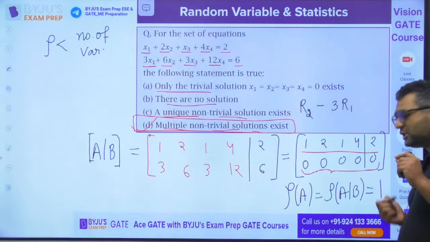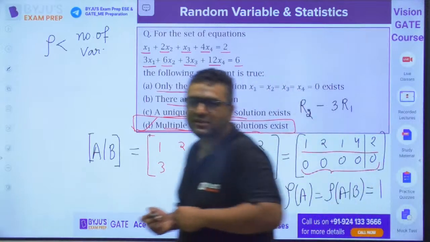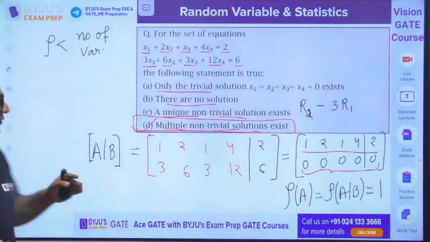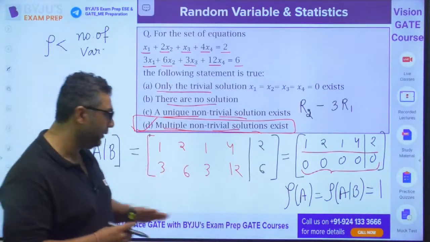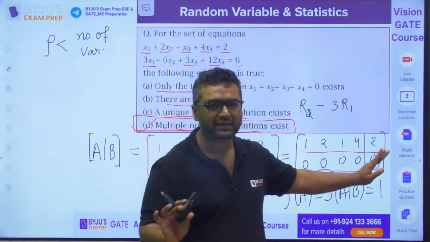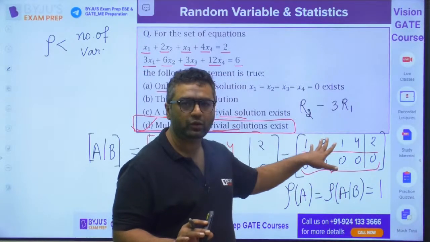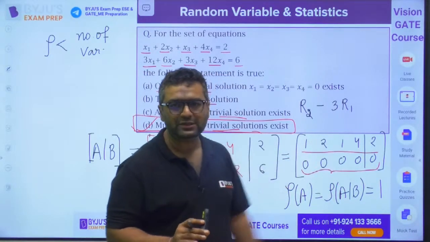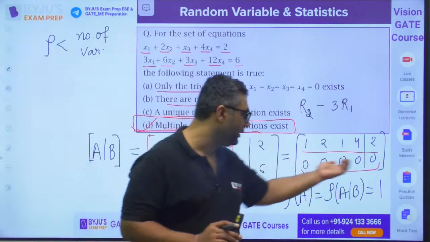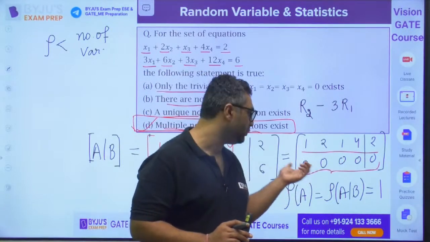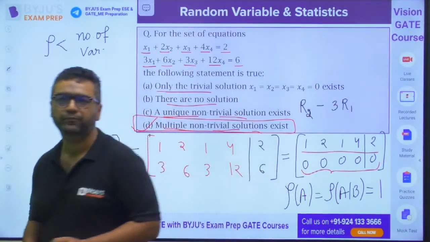That is why the rank is 1. I feel you need to revise what rank actually is. Whenever we have this matrix, if we are able to make all the elements of a row 0, then that row does not count. Otherwise it would have 2 rows, but we have made one row 0, so the rank is 1 only.